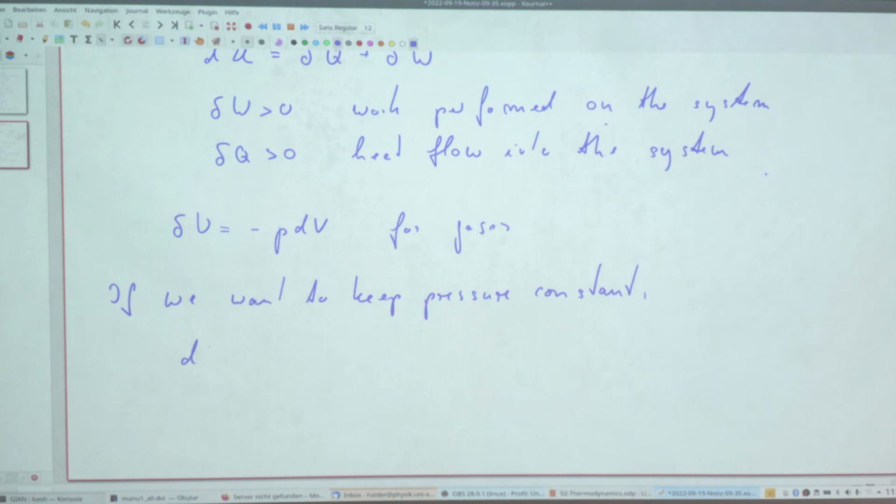We write down the internal energy from above, which was delta Q plus delta W, and we put this PdV here.